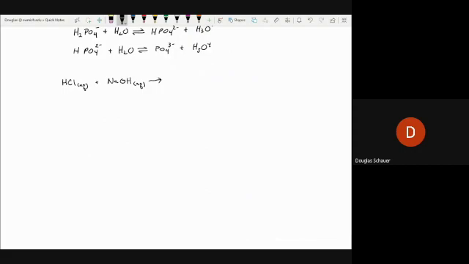Let's try this differently. We know that HCl is the acid. Okay, so the sodium hydroxide must be the base. Okay, which means the HCl has to be giving its proton to the sodium hydroxide.